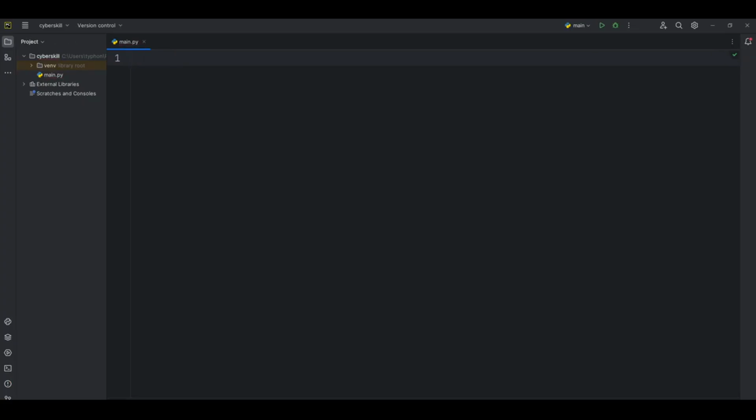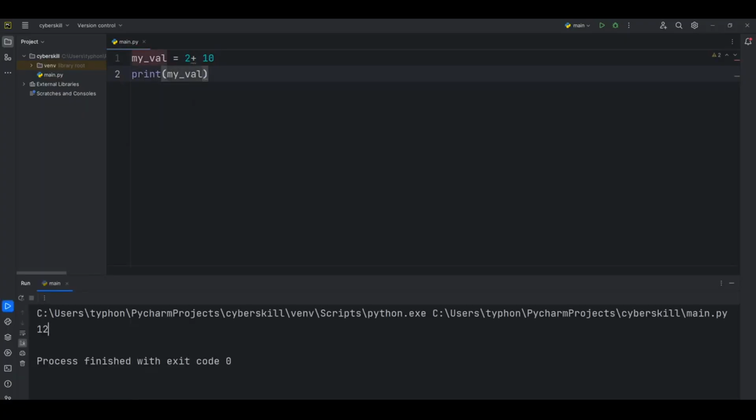Let's do the following example. My value here, 2 plus 10, and let's print my value. And here you can see 2 plus 10 is equal to 12. Or let's actually subtract 9 from 99, and as you can see here, we get negative 90.